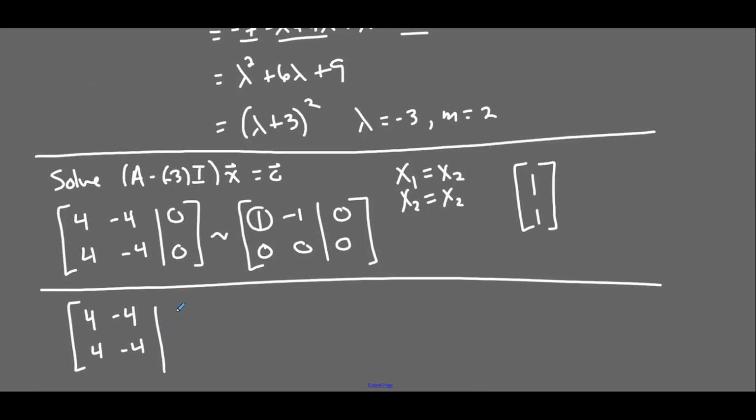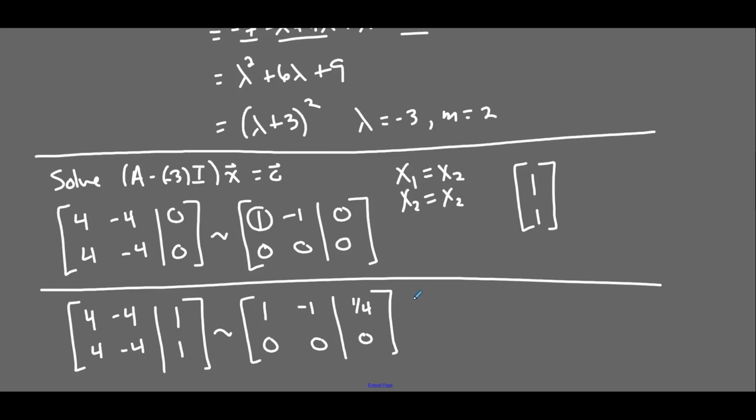Instead of augmenting with 0, you're going to augment with your eigenvector that you just found. When we row reduce this, again, this is easy. We're going to get zeros on the bottom because they're the same row, and then divide the first row by 4. So I get 1, negative 1, and 1/4.